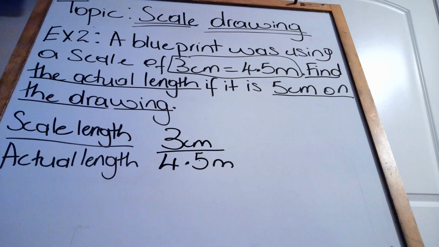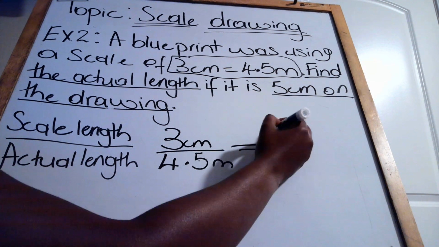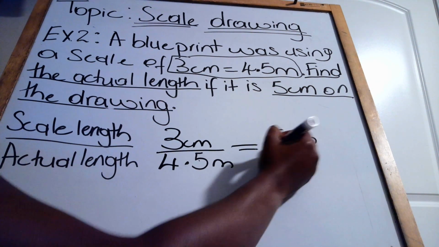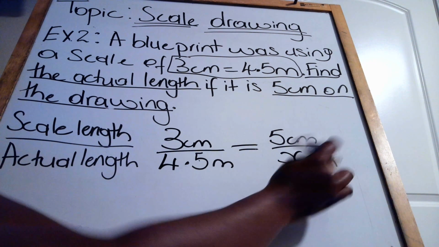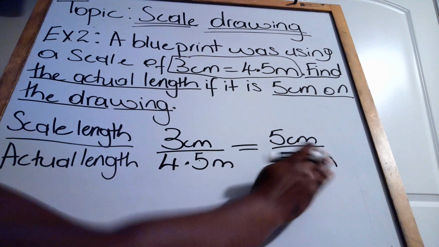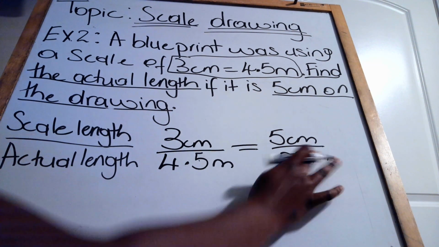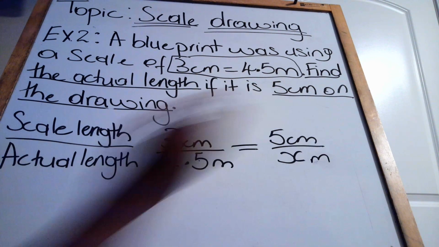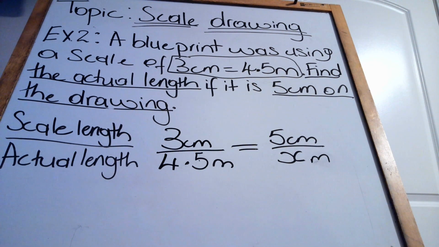So 5 centimeters here is the scale length, and scale always goes in the numerator. So we say equal to 5 centimeters. We want to find the actual, so that's the unknown. Our answer is going to be in meters, so the unknown is going to be x meters.